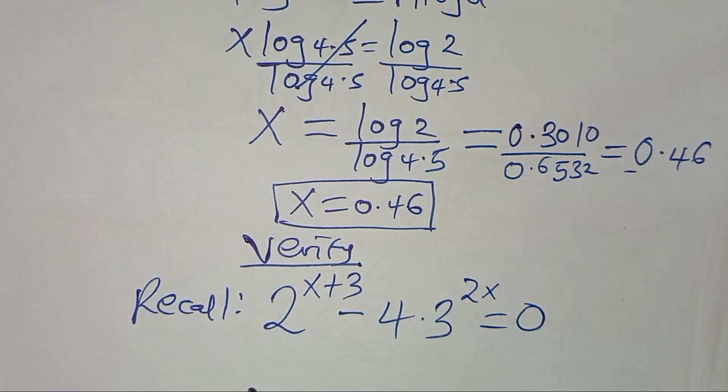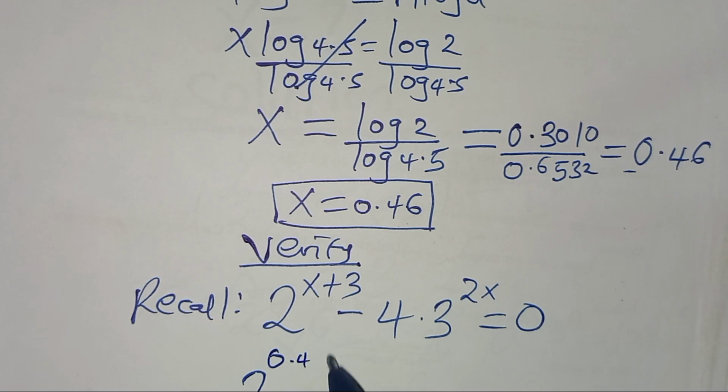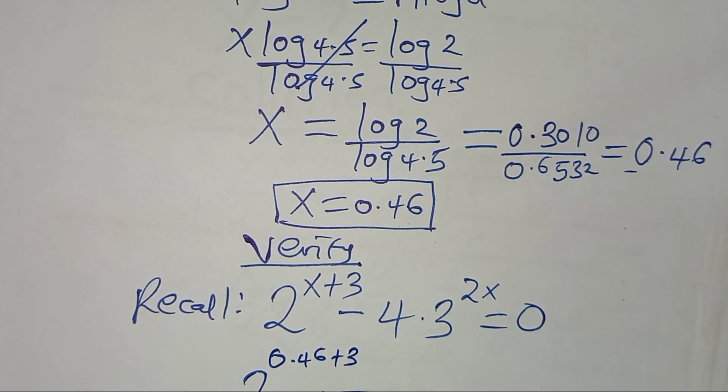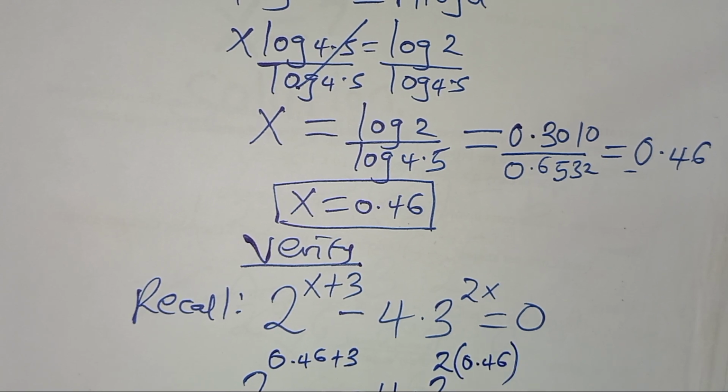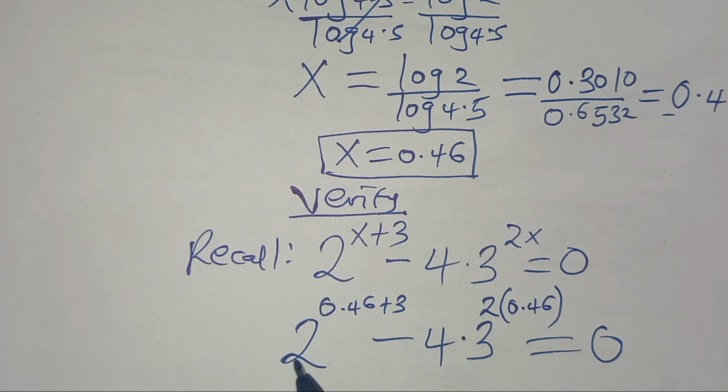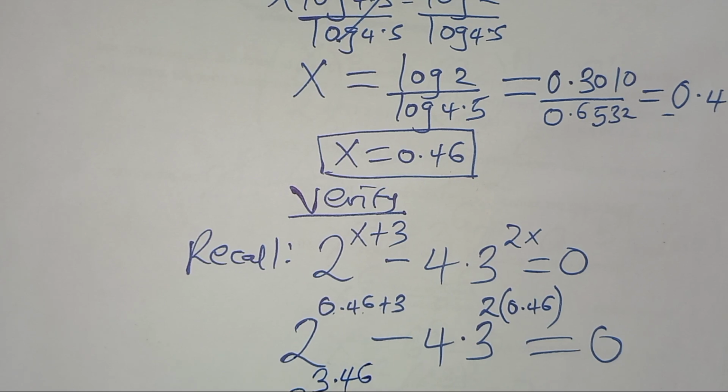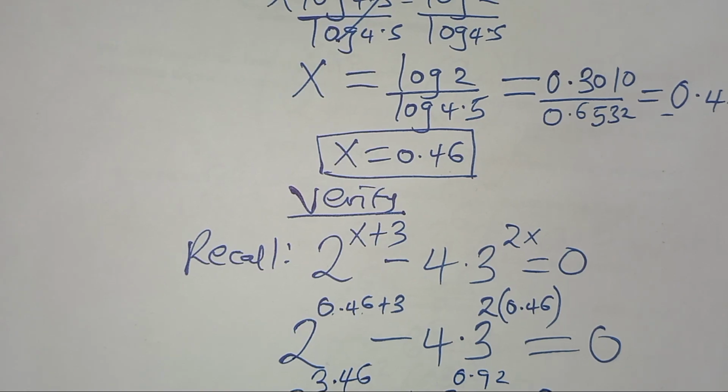We'll have 2 raised to the power 0.46 plus 3, subtract 4 multiplied by 3 raised to the power 2 times 0.46, which should give us 0. This is 2 to the power 3.46, subtract 4 multiplied by 3 raised to the power 0.92, equal to 0.